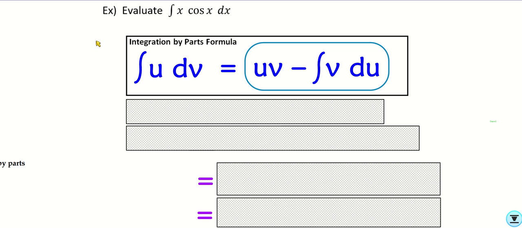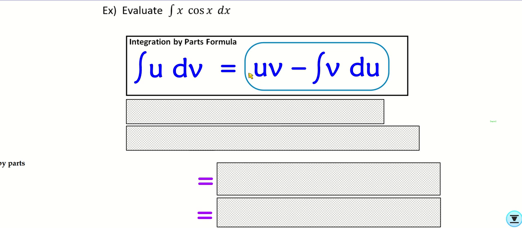So a seemingly weird formula for right now, but I think it's pretty easy to get used to. It just starts to roll off your tongue a little bit. The integral of u dv equals uv minus the integral of v du.